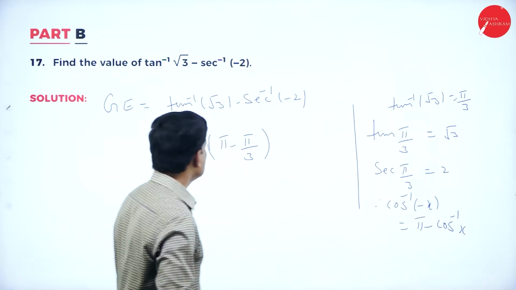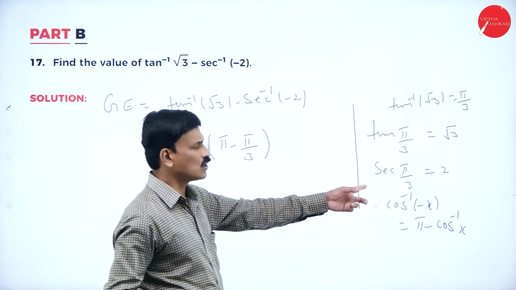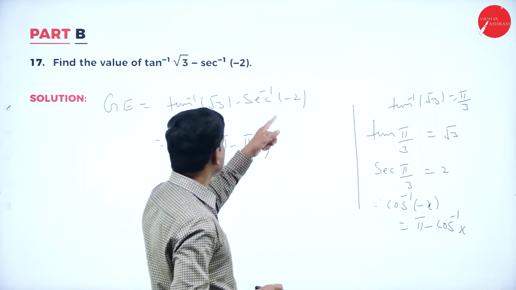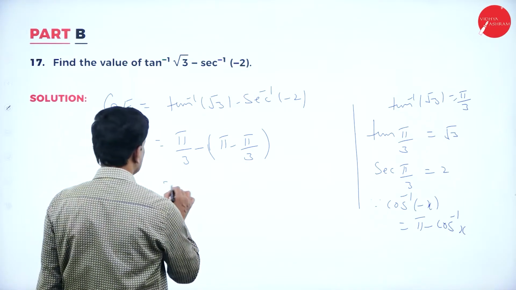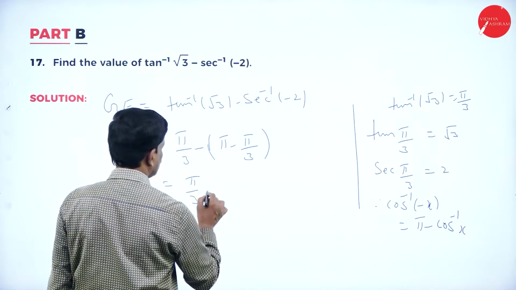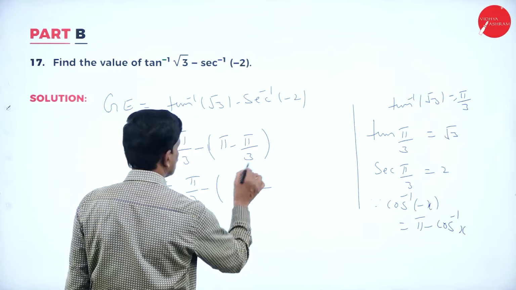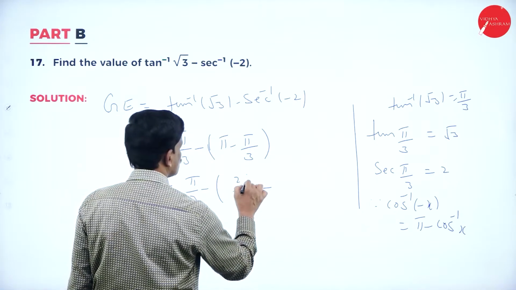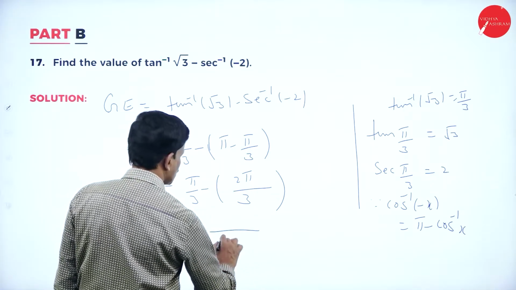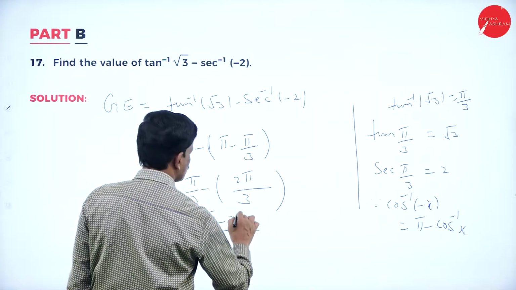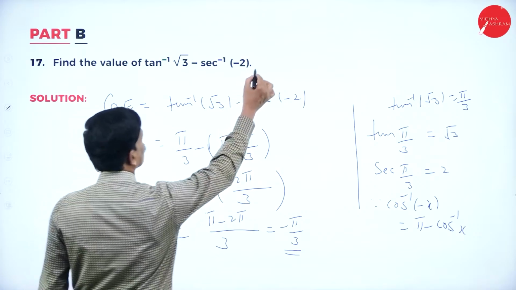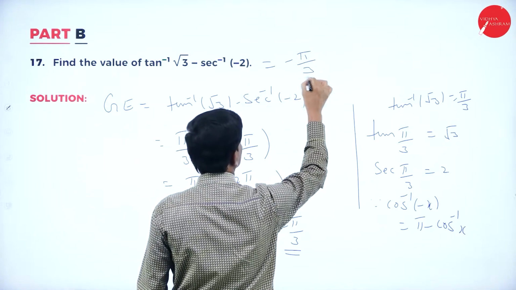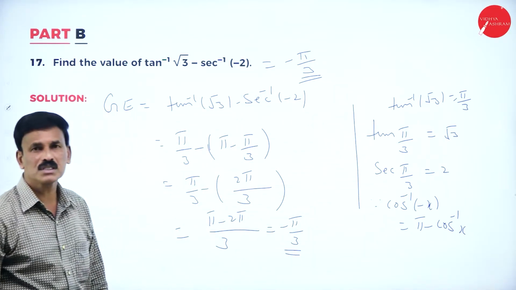So secant inverse of 2 is pi by 3, and secant inverse of minus 2 is pi minus pi by 3. Simplify this: pi by 3 minus 2 pi by 3, taking 3 as the LCM, is equal to minus pi by 3. So the required answer is minus pi by 3.